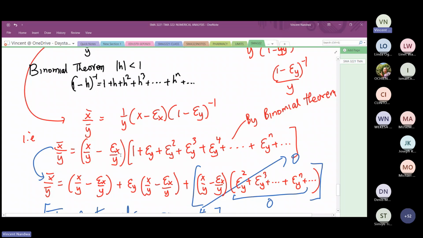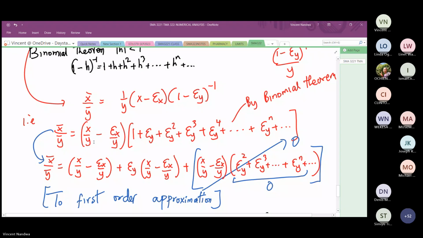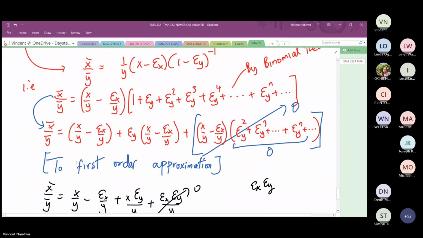So this term with this term gives us x over y times 1, x over y, and then x over y times error in y. So we have this term, and then that will be the two values, and then minus error in x over y, that's correct.